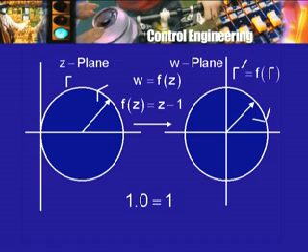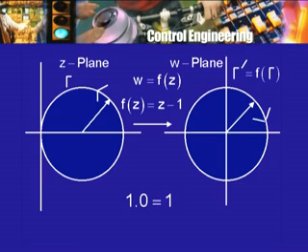Note that if I had changed the direction of traverse of gamma here, if instead of this I had this, then the contour gamma prime would be traversed in the clockwise sense, and so the sense of gamma and gamma prime would still be the same, both clockwise. Therefore the number of encirclements, which is 1, I will not attach a minus sign to it, I will still keep it as 1, and therefore 1 is still equal to 1 minus 0.